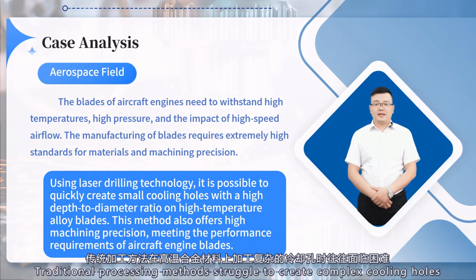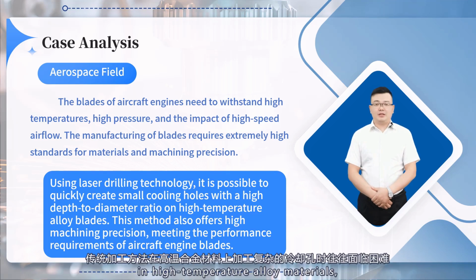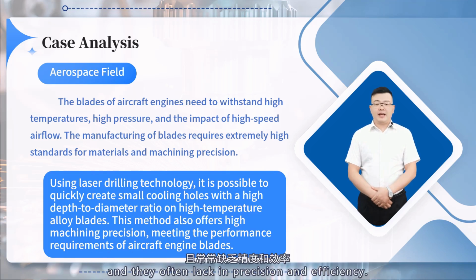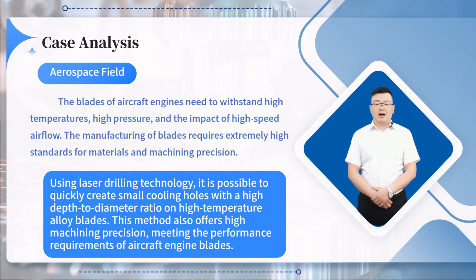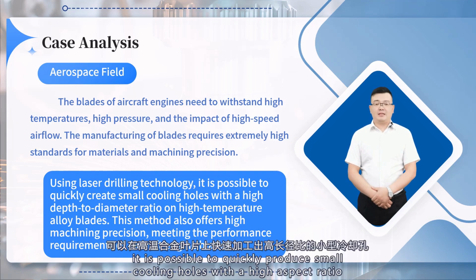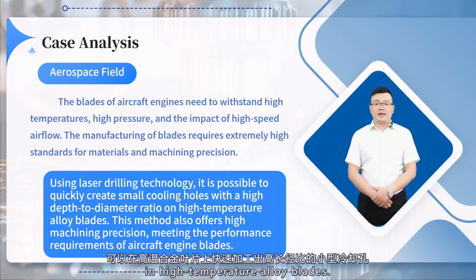Traditional processing methods struggle to create complex cooling holes in high-temperature alloy materials, and they often lack in precision and efficiency. However, by using laser drilling technology, it is possible to quickly produce small cooling holes with a high aspect ratio in high-temperature alloy blades.